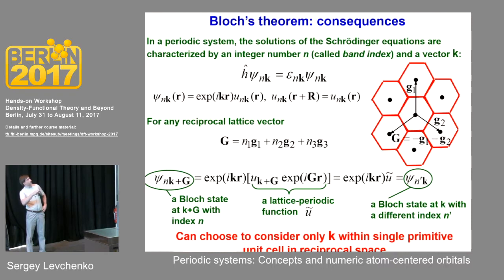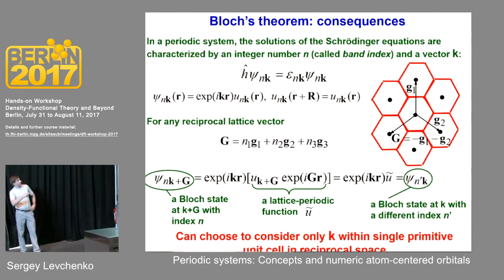According to Bloch's theorem, we have this expression for the wave function, where u_nk is a lattice periodic function. Now, let's consider a reciprocal lattice vector G, which is a linear combination of the reciprocal lattice vectors with integer coefficients.